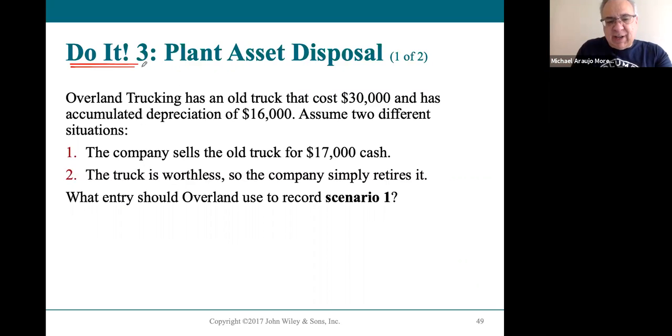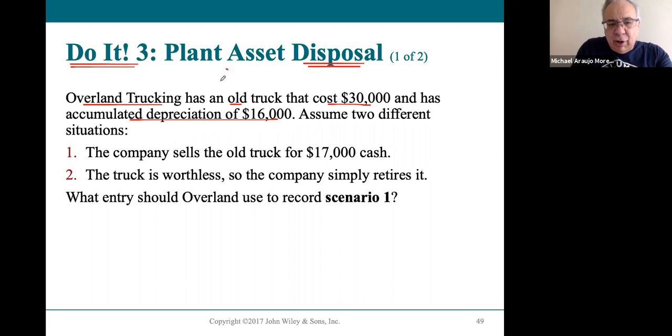The do it exercise in the back of Learning Objective 3 again reiterates the issue of what happens when a plant asset is disposed of. Here we have a company who had an old truck. The cost of the truck is $30,000. Accumulated depreciation is $16,000.